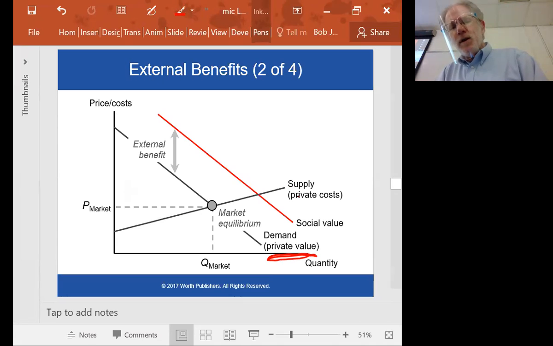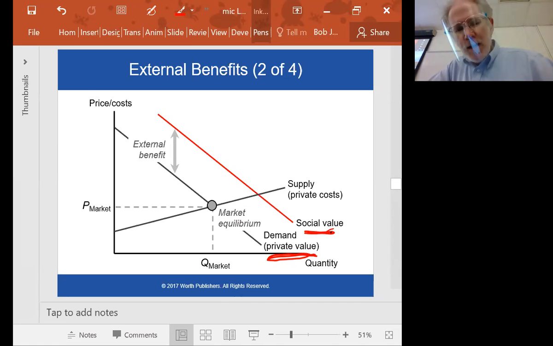Okay? And the supply curve shows the private cost. We are saying that when there is an external benefit, the demand curve does not represent the total value going to people in the economy, what they call the social value or the social benefit.